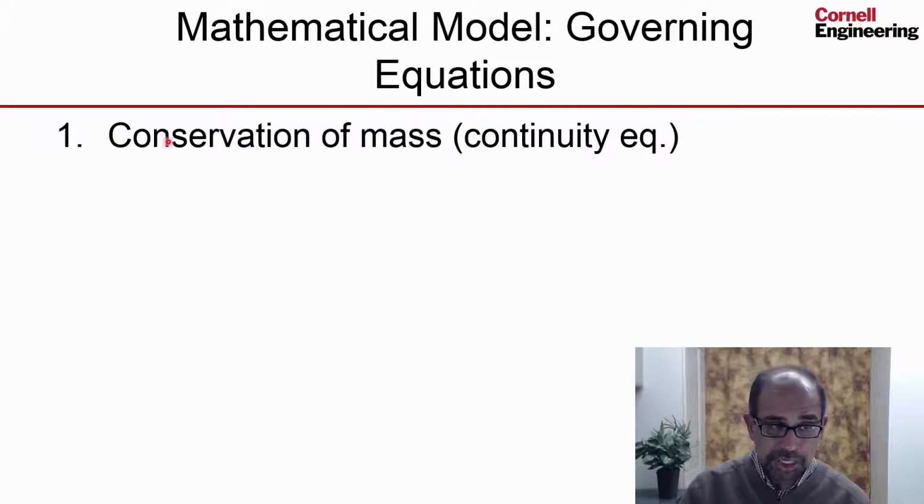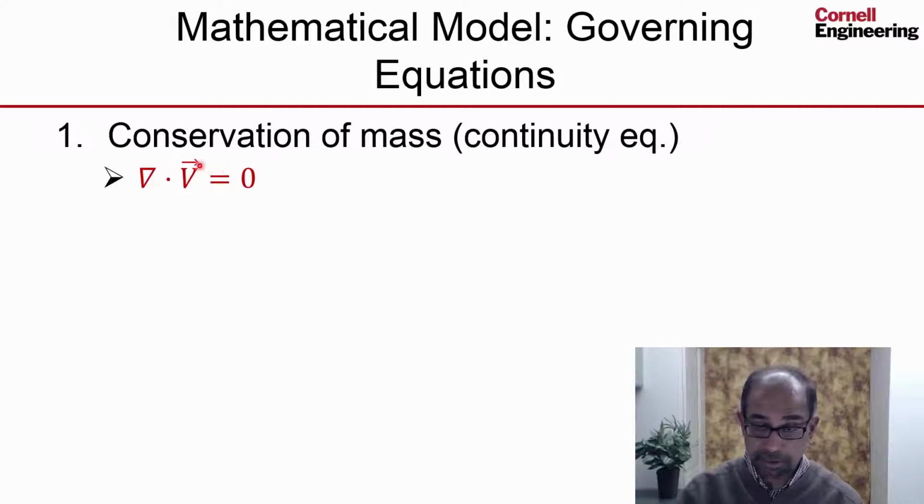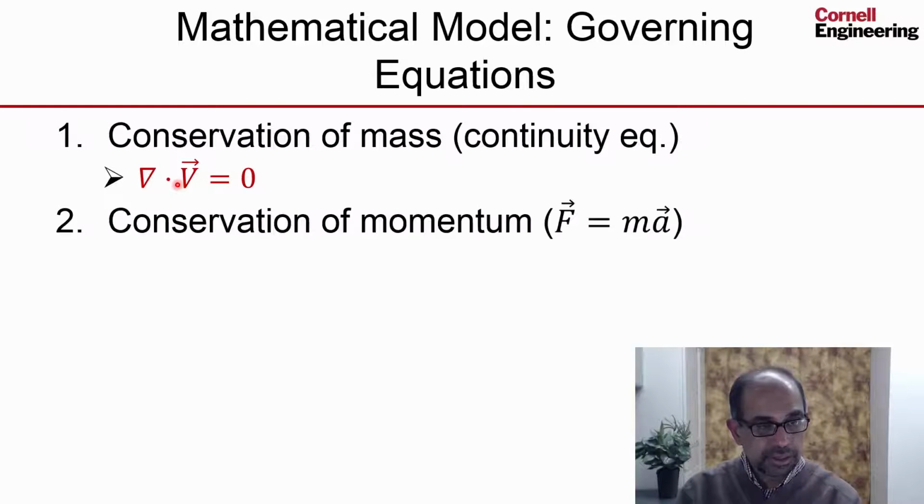The first equation that we bring in is conservation of mass, or the continuity equation. In differential form, it looks like that, as we have talked about before in the big ideas in fluid dynamics. And that implies that the volume of a fluid particle moving within the flow cannot change. The next equation or set of equations we will bring in is the conservation of momentum, F equal to ma.